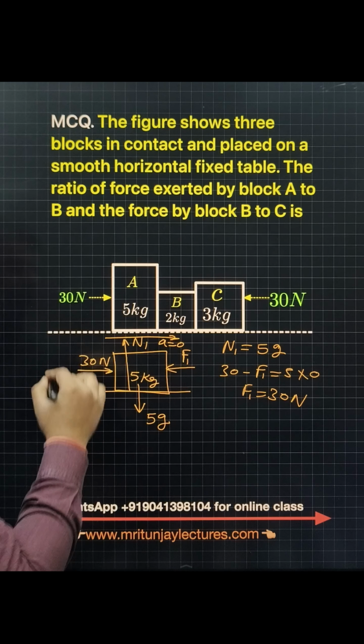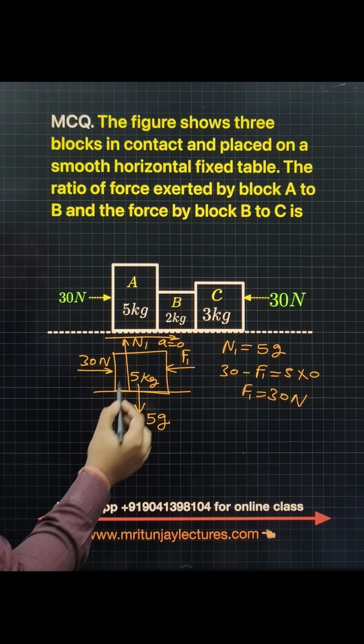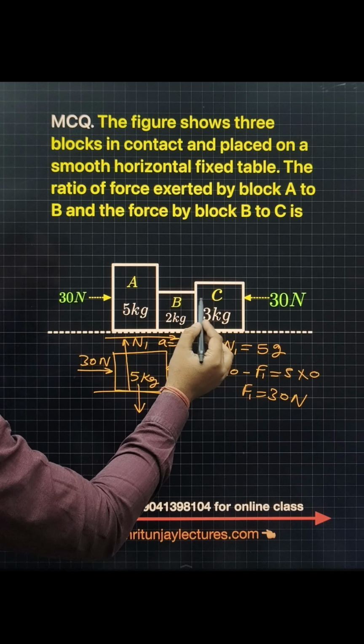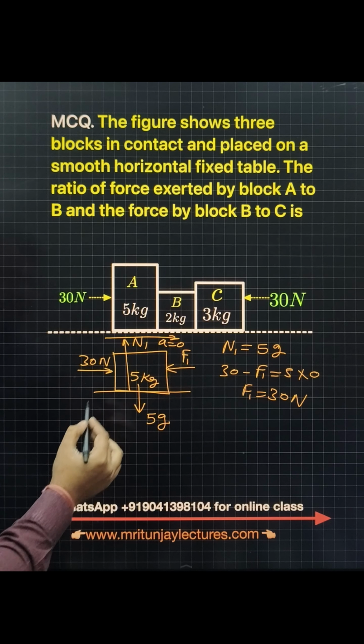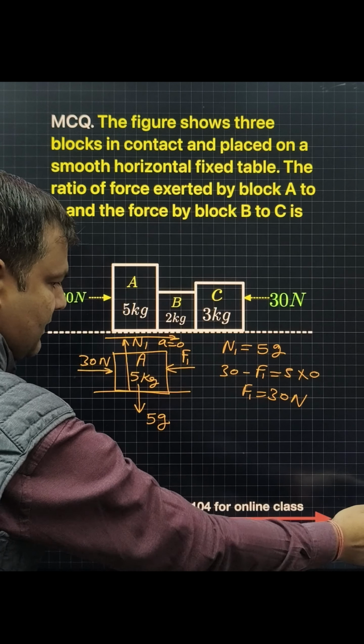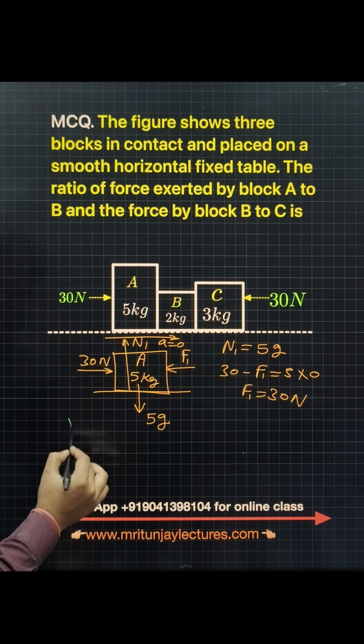After that, focus on block B or C. Basically, our target is B to C. So focus on that block. First we focused on A, and after that we focus on B or C, whatever.